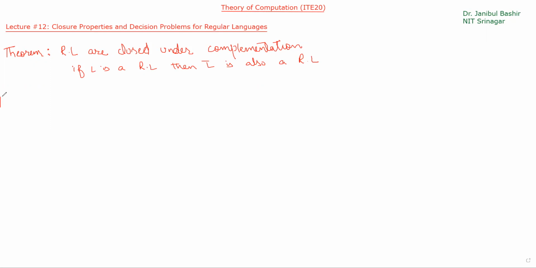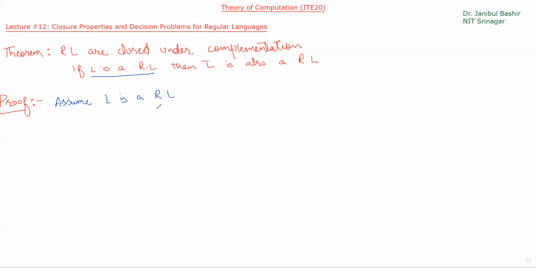So let's prove this particular statement. What we have to prove: if L is a regular language, then L dash is also a regular language. We know that if we have to prove this kind of statement, we assume this is true. So let's assume L is a regular language. Then we have to prove that L dash is also a regular language. So let's see how we can prove that L dash is also a regular language.